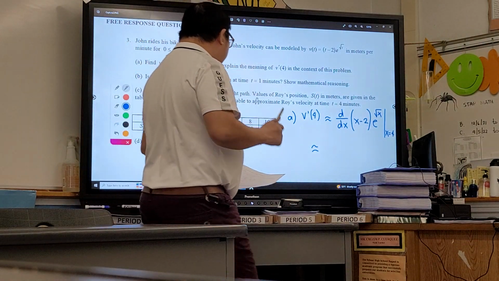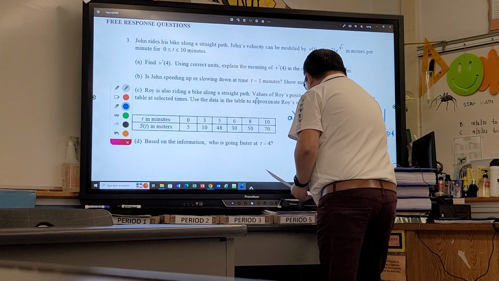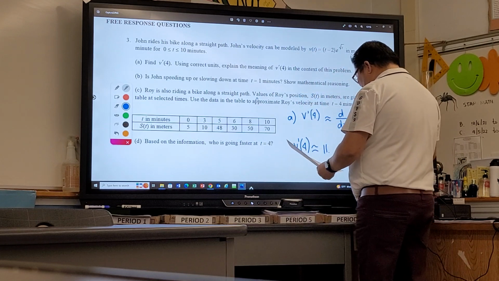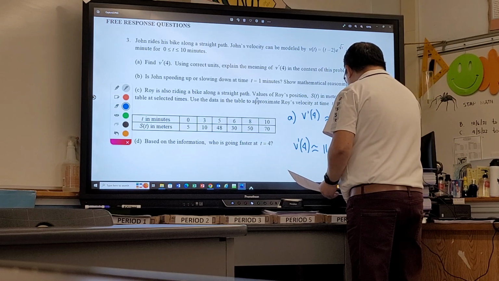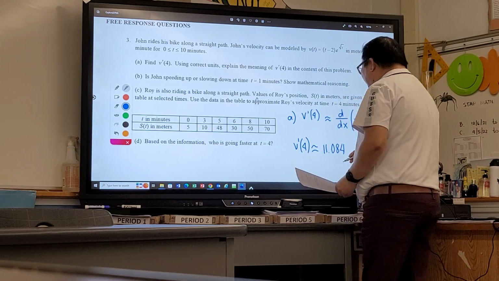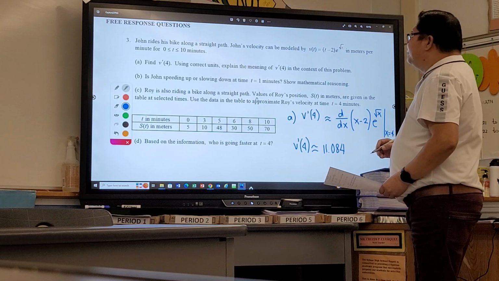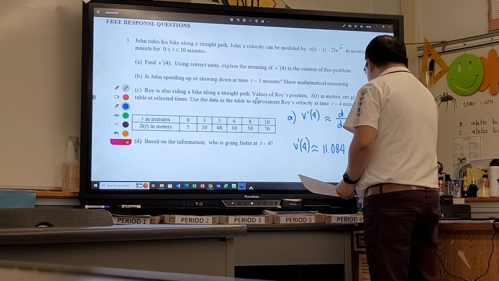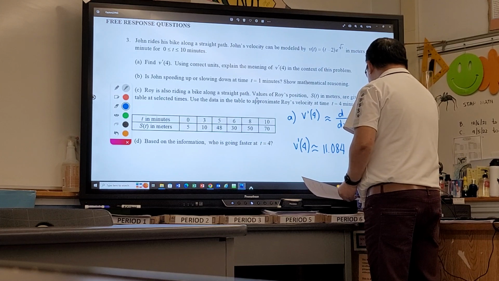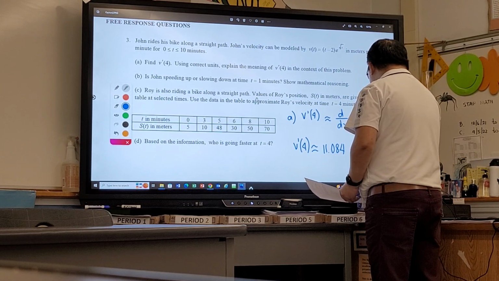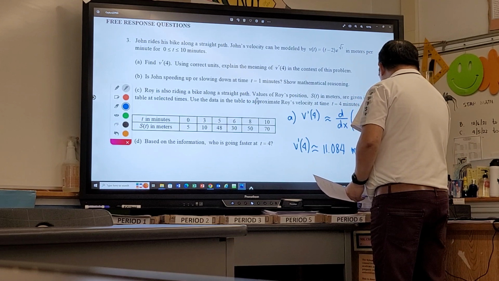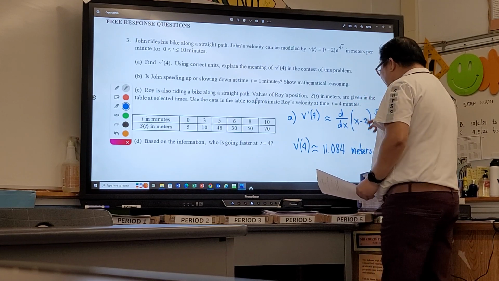Okay, so V prime of 4 is approximately 11.084. And what is the unit? So we have meters per minute squared, and that's the unit.